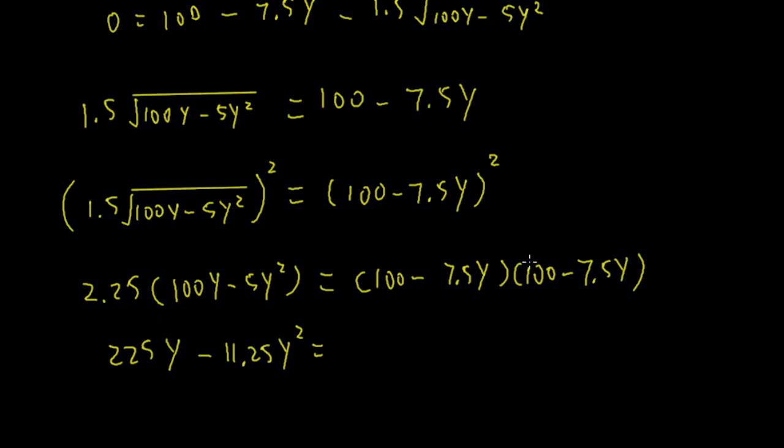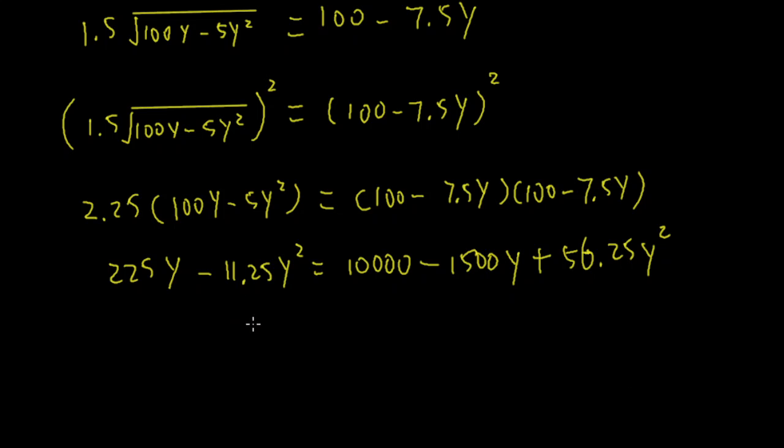Now we do know that 100 times 100 is 10,000. 100 times 7.5y is 750y, and 7.5y times 100 is 750y. So two of these together, 750 times 2, 1500y. And then negative 7.5y times negative 7.5y is plus 56.25y squared. Now we can just rearrange the like terms.